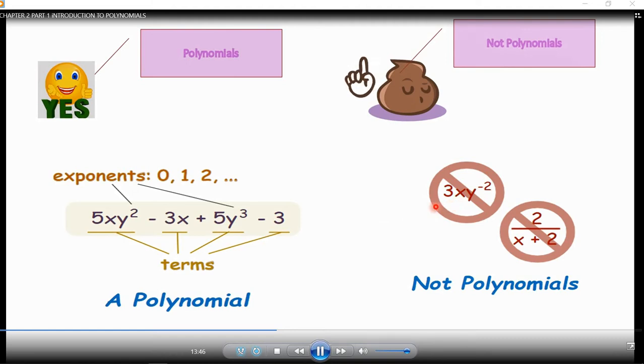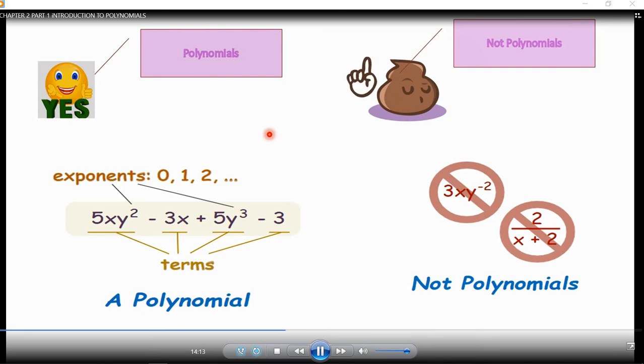Now here you are seeing the example 3xy power minus 2. It is not a polynomial. Why? Here the exponent is negative. You just go to the definition of polynomial in the first slide. It is clearly written that the exponents are non-negative integers.